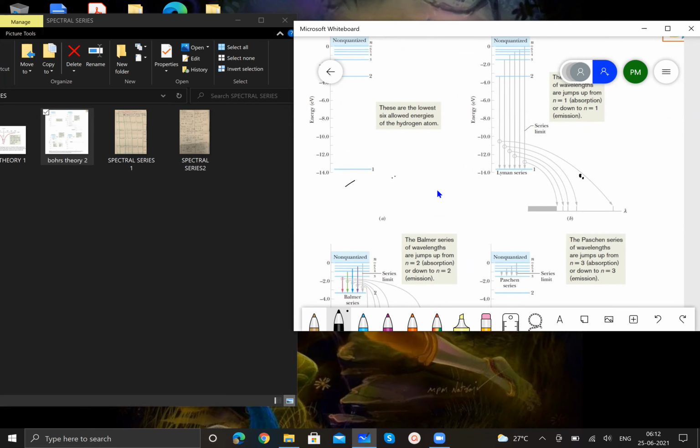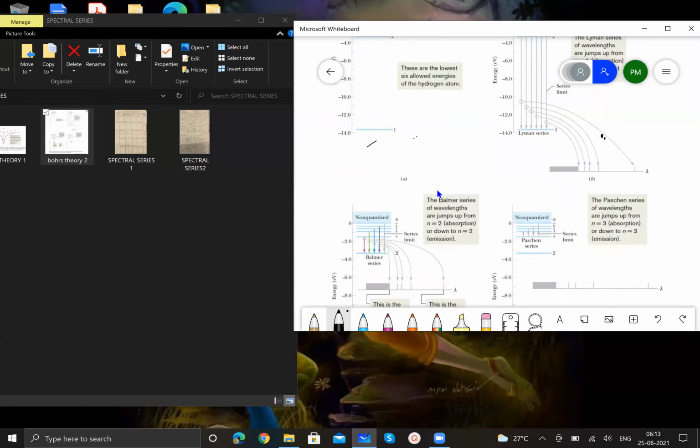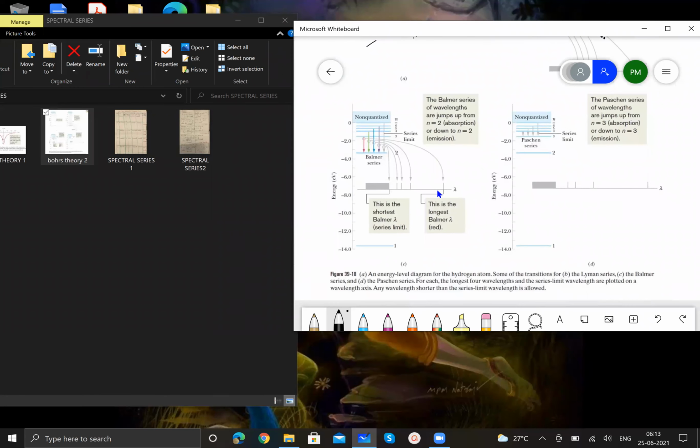These are the energy levels in the hydrogen atom, and this is the Lyman series, corresponding to transition of electrons from n is equal to 3, 4, 5, 6, etc. up to infinity, down to n is equal to 1. And this is the Balmer series. Here the transition is into the second orbit from 3, 4, 5, 6 up to infinity.